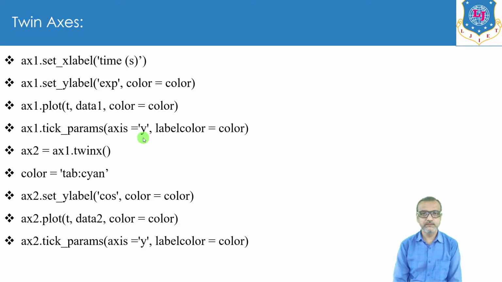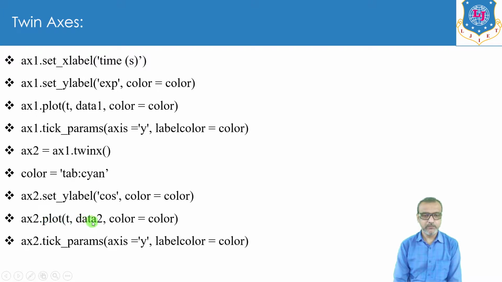Now we will discuss the cosine curve. We have written over here ax2 equals ax1.twinx. So this ax2 plot will share the x-axis of the plot ax1. Now here we are defining color equals cyan. For the ax2 y label, that is cosine, and its color is color, which is cyan.